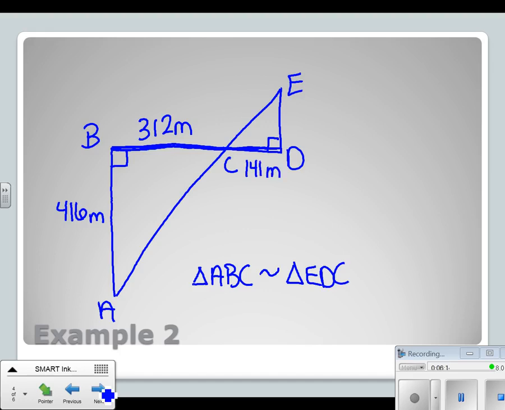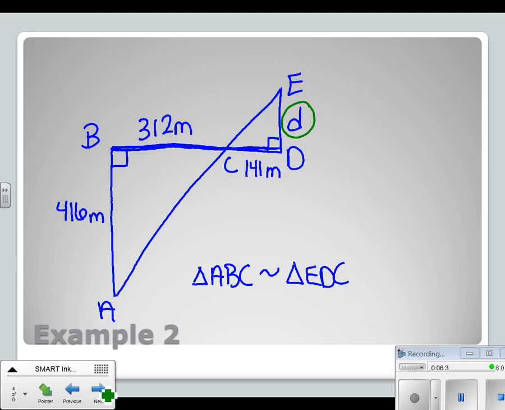And from D to E is an unknown, that's a variable. So we're going to figure out D by setting up a proportion because we have the lengths of corresponding sides to find that unknown.